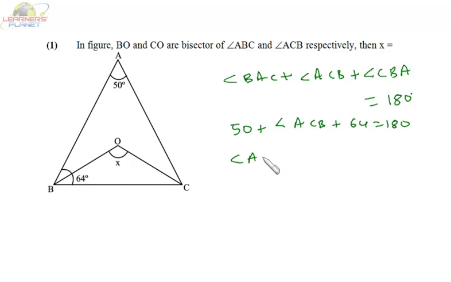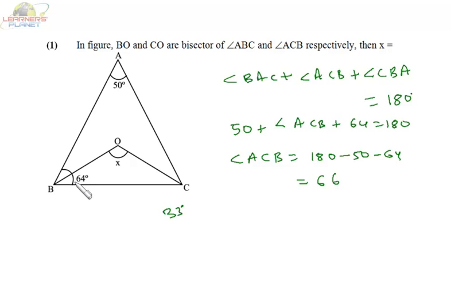So we can calculate angle ACB, that is 180 minus 50 minus 64. That is 66. Now this complete angle is 66 and OC is the bisector of this complete angle. That means this inner angle will be 33 degree. So it's 33 degree, the inner angle.